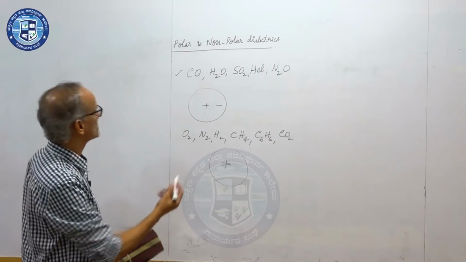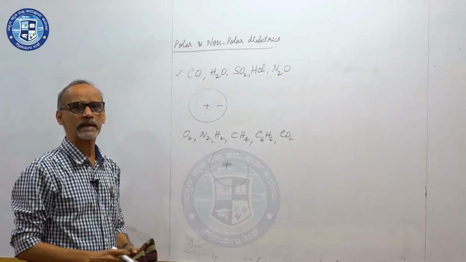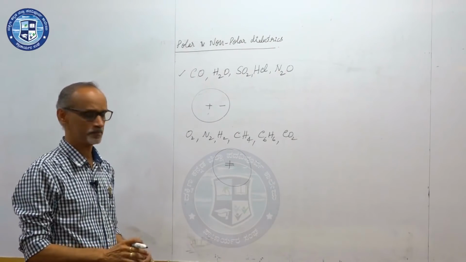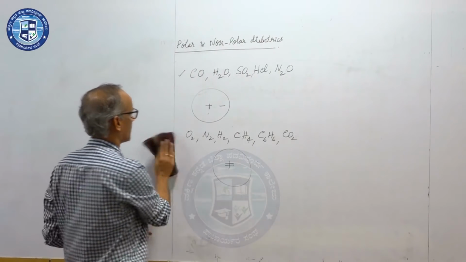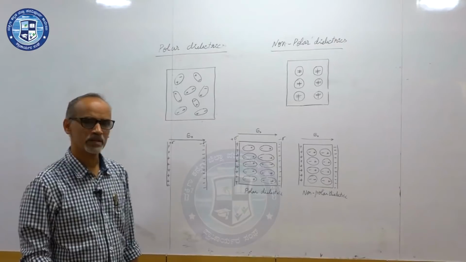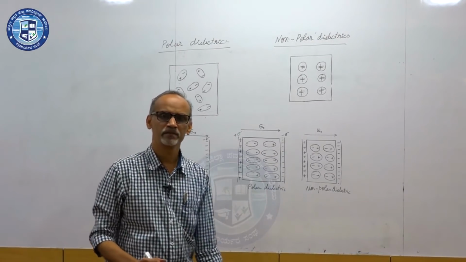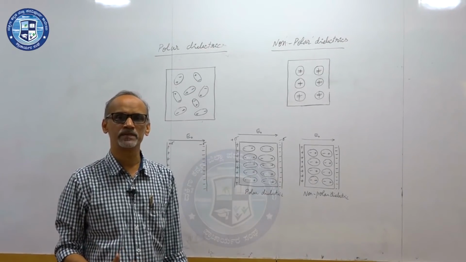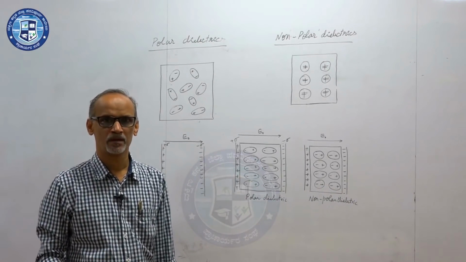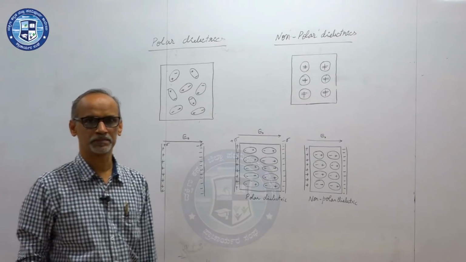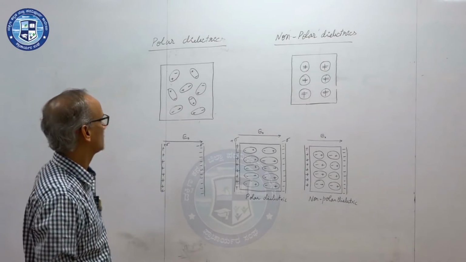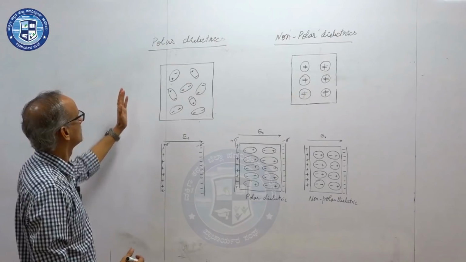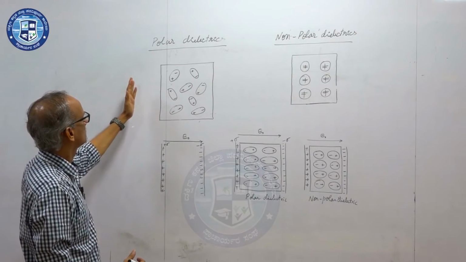Now, if we introduce these polar or non-polar dielectrics in an electric field, what happens next? Students, in chapter 1 we have learned that when we introduce a dielectric in an electric field, the strength of the field decreases. So, what is the reason for that? To understand that, let us refer to this diagram.